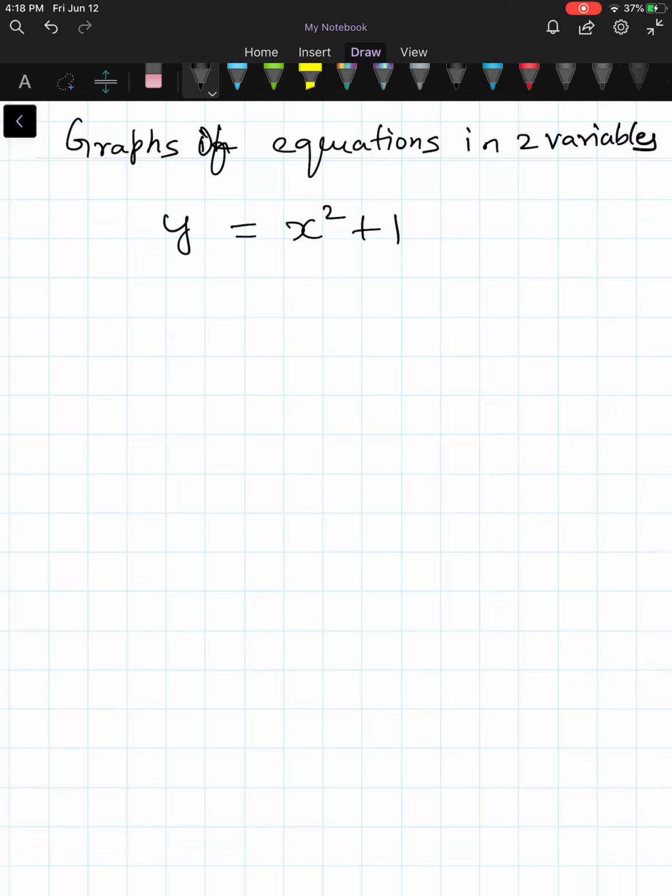Before we go into the details of sketching a graph or knowing what a graph is, we will see what we mean by saying a point satisfies an equation.